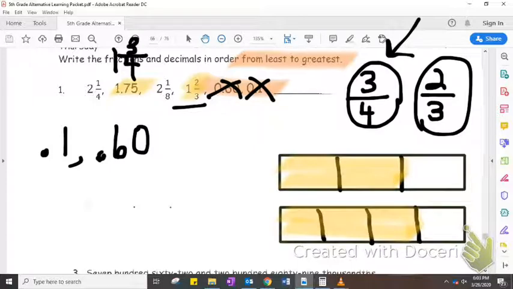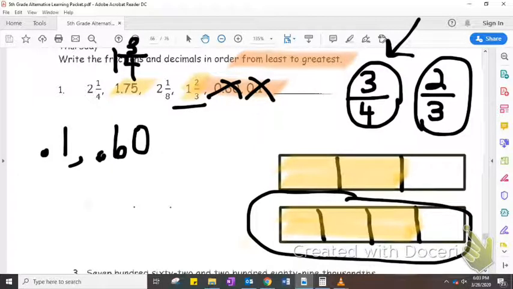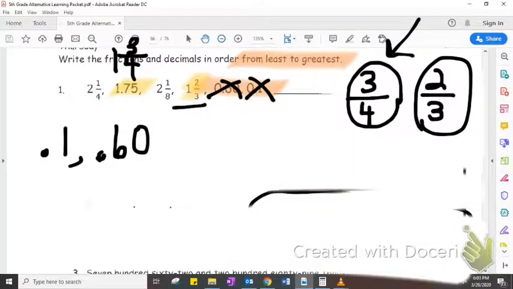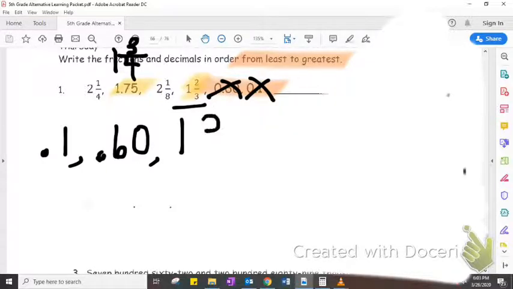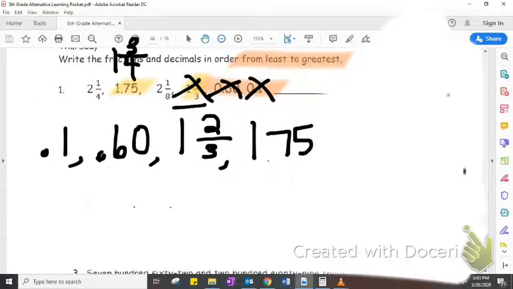That makes this number, 3/4, a greater fraction. Okay, that was kind of a complicated way to explain it. There's a lot of different ways to think about fractions and how they compare to their decimal equivalences. So 1 and 2/3 comes next, and 1 and 75 hundredths comes after that.